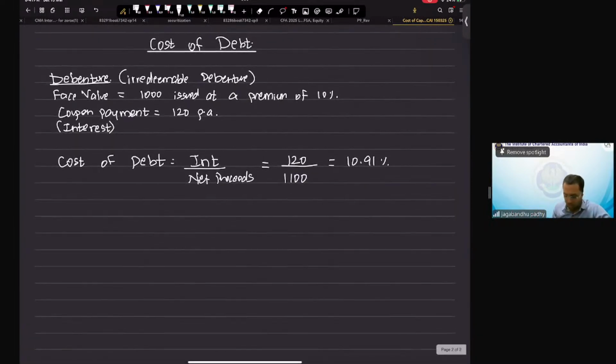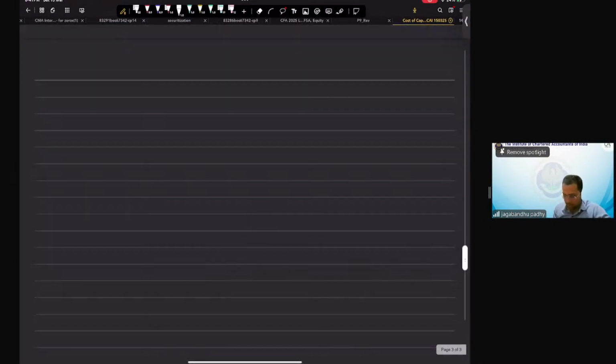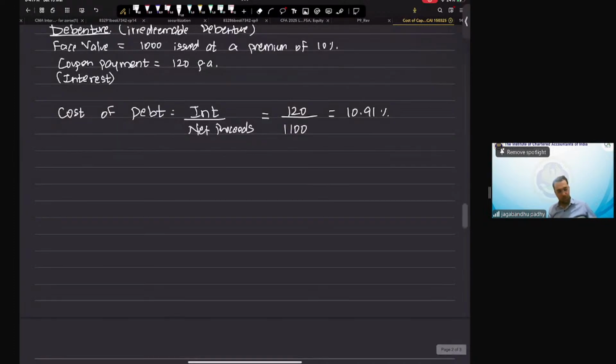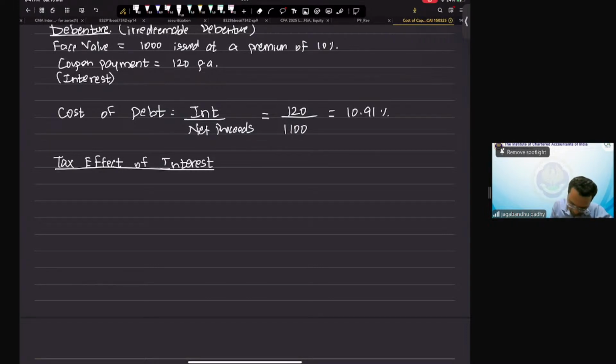Now, I need to make you understand one important concept over here, wherein we are going to talk of taxation. We are going to talk of the tax effect of interest.